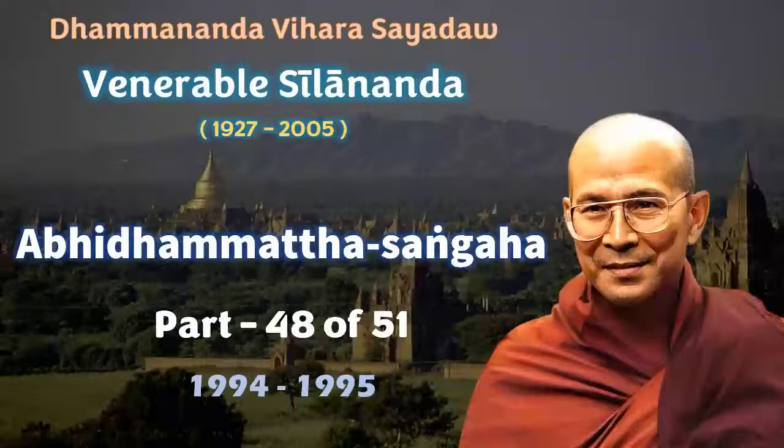And we say asynchronous karma because there are 2 kinds of karma. The first kind is what? Sahajata karma, co-nascence karma. The other is asynchronous karma, different time karma. So we have to say asynchronous karma to differentiate it from co-nascence karma.